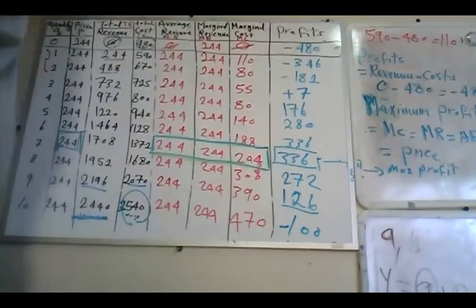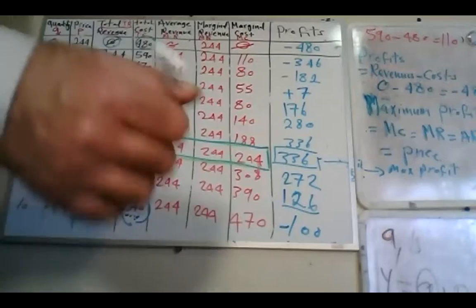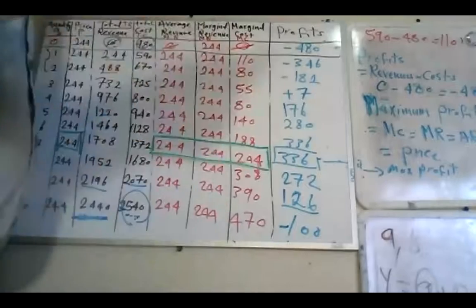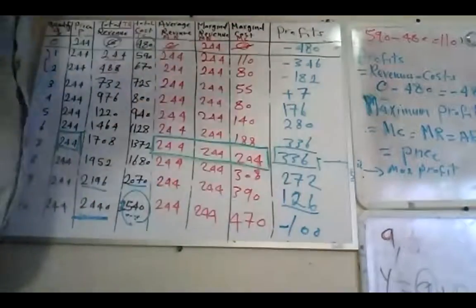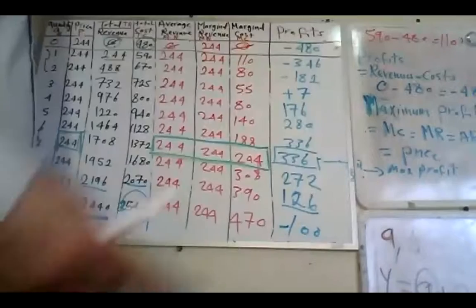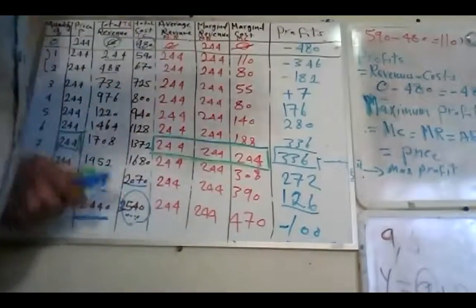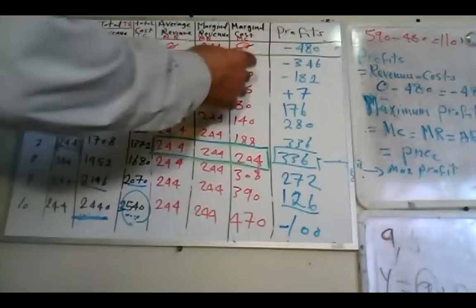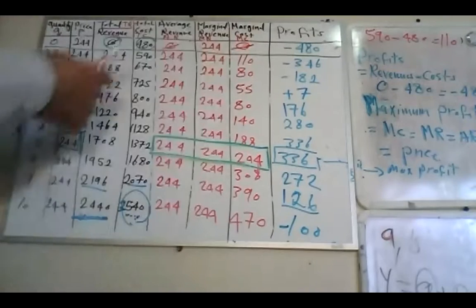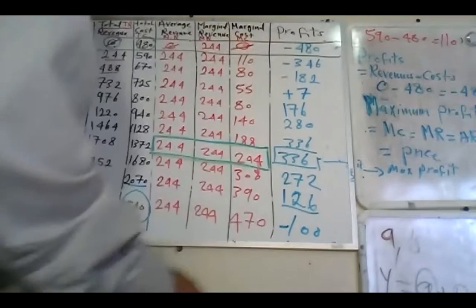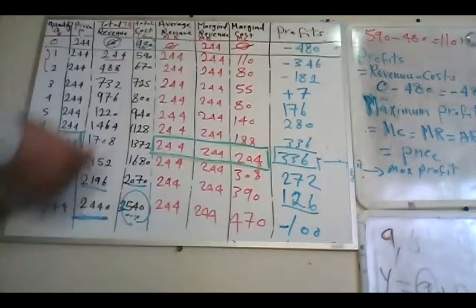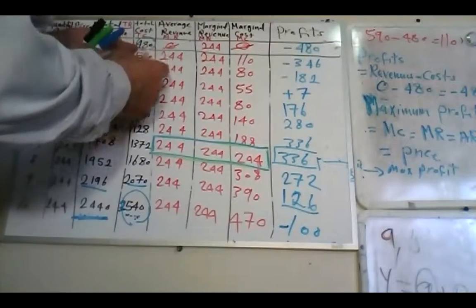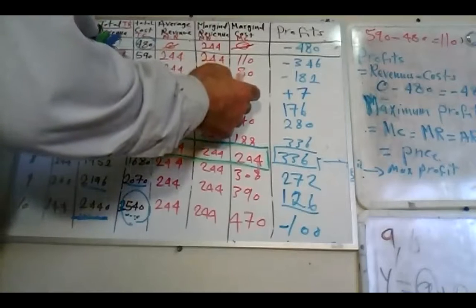Then we come to the marginal cost. The marginal cost, we said, is the change in the total costs if we produce or sell one more unit. What is the effect of one extra unit on the total? For example, to get the marginal cost, I will check the total costs: 590 minus 480 will be 80.